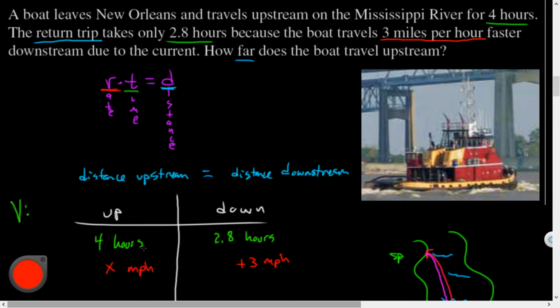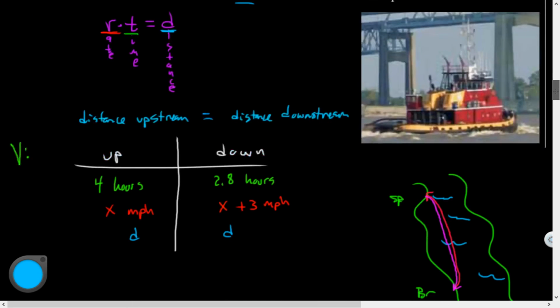So if it's traveling x, some unknown miles per hour when we go upstream, downstream it's traveling 3 miles per hour faster than that. So I'll call this x plus 3. You think that makes sense? Yeah? And then like we've already said, distance and distance, even though we don't know what those are, we know they're equal to each other. So let's write an equation here.